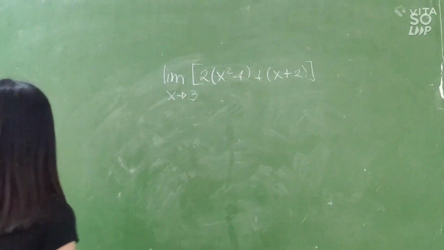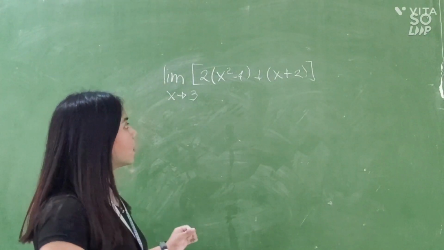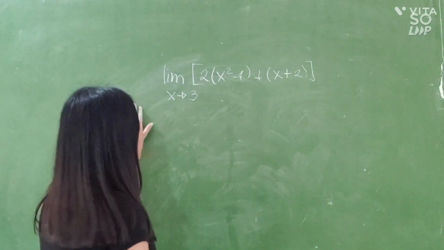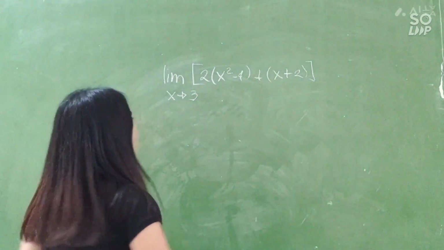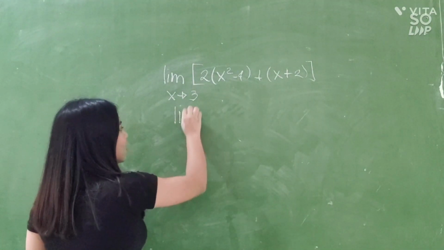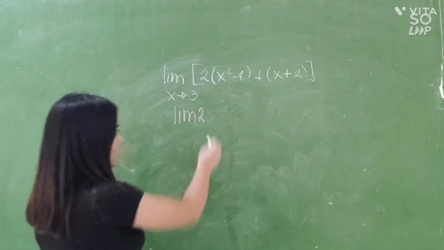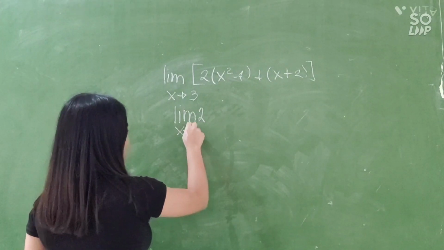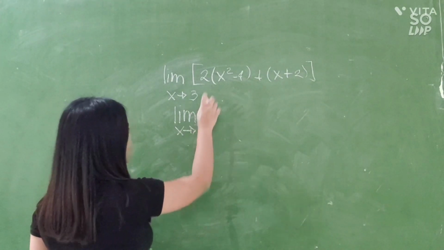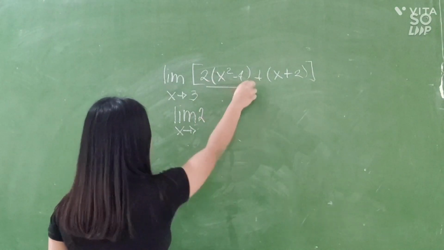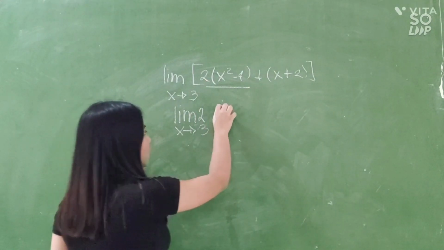So first, we will try to use the constant multiple theorem. We separate the 2 from them. And since we use multiplication here, we will use it too.